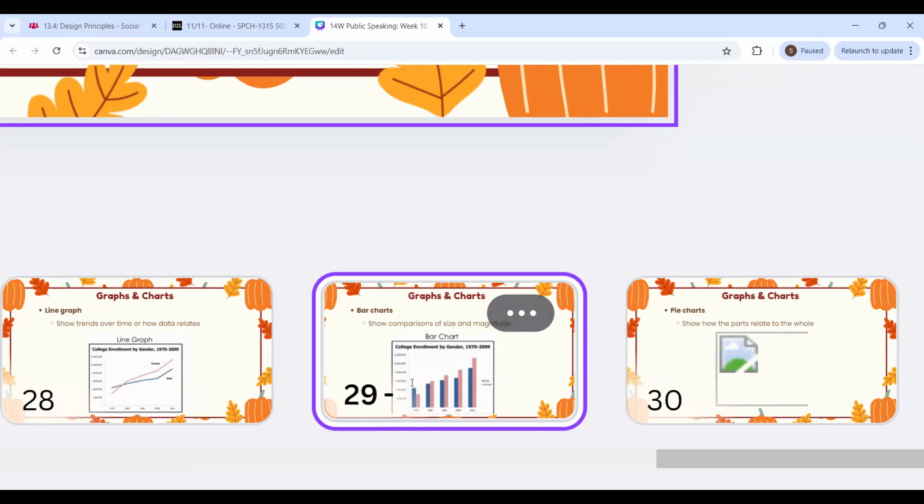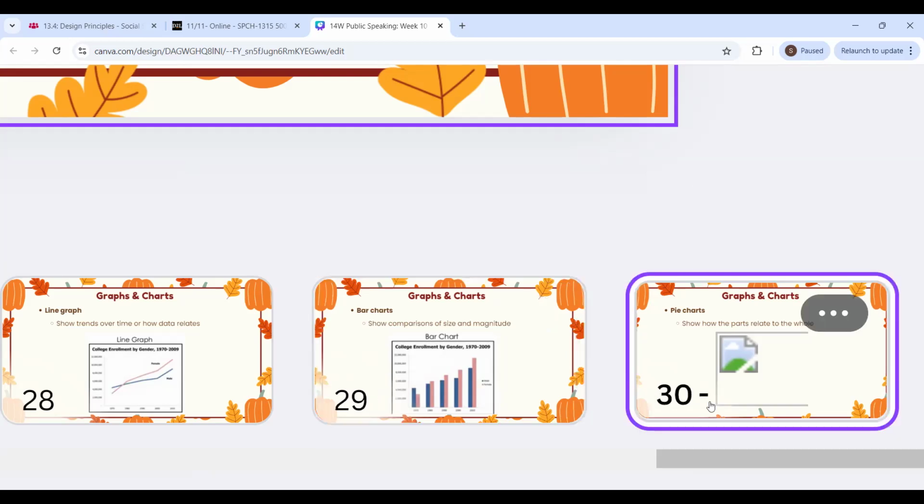We see the blue is male, the pink is female, and what a difference in size there is, as the college enrollment by gender grew. You can see the magnitude of each one and how they differed from each other.